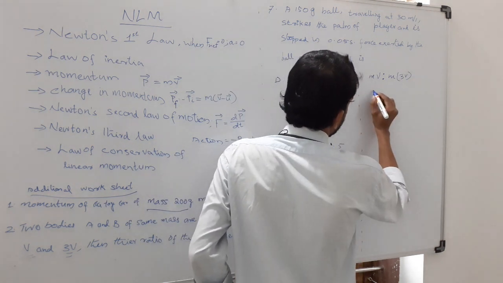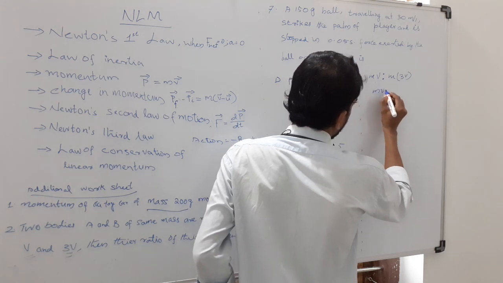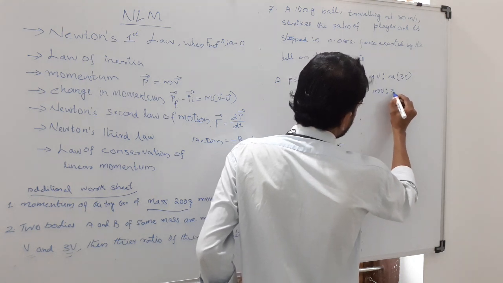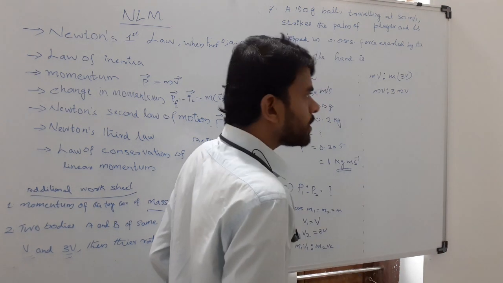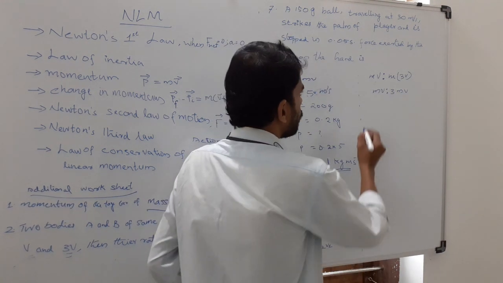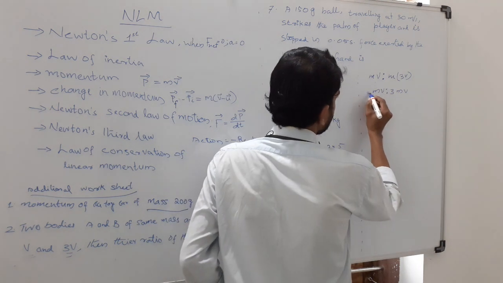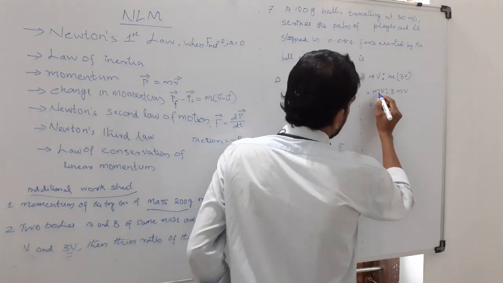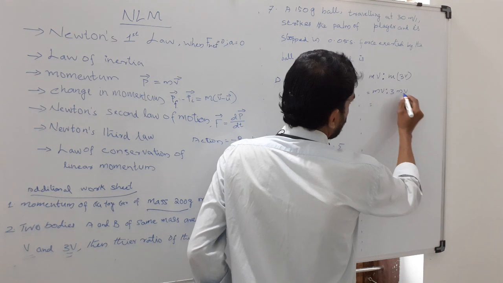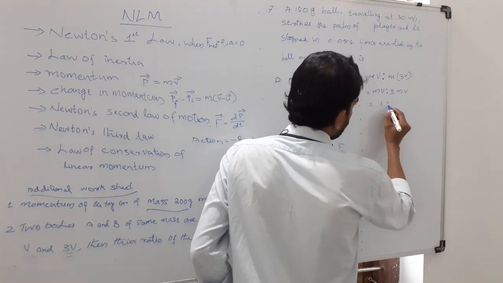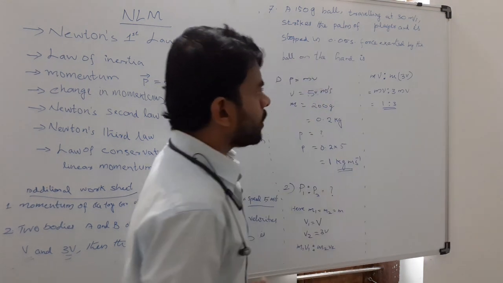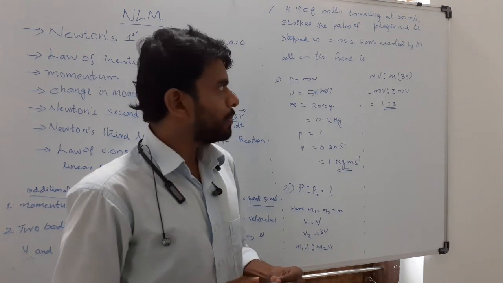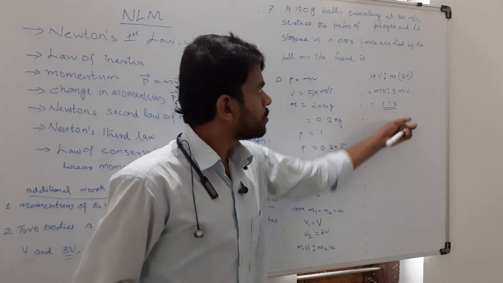So that is mv is to 3mv, right? m into 3v is nothing but 3mv. Here mv and mv get cancelled, so 1 is to 3. So the ratio of the momentum of A and B is 1 is to 3.